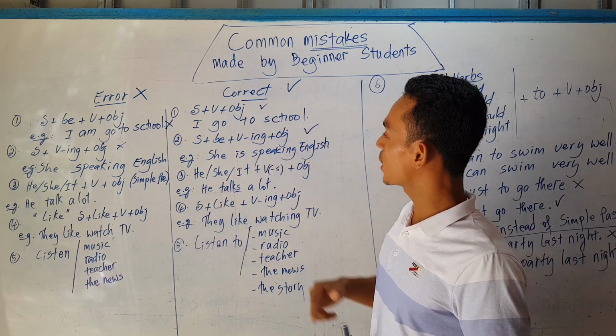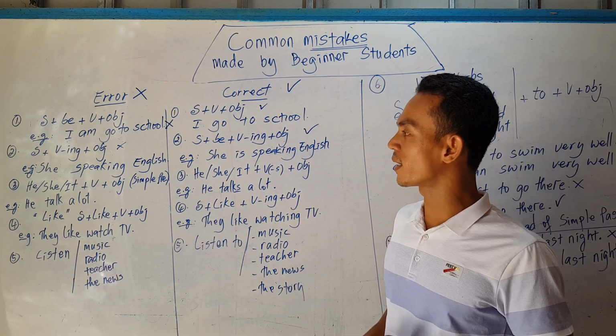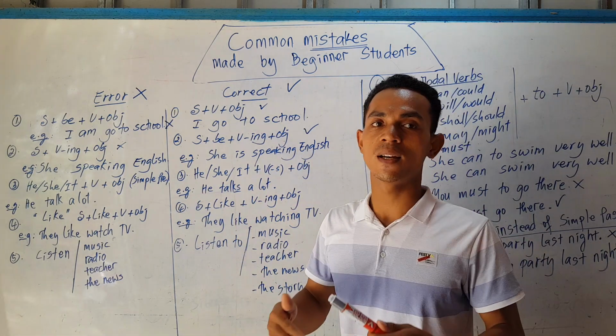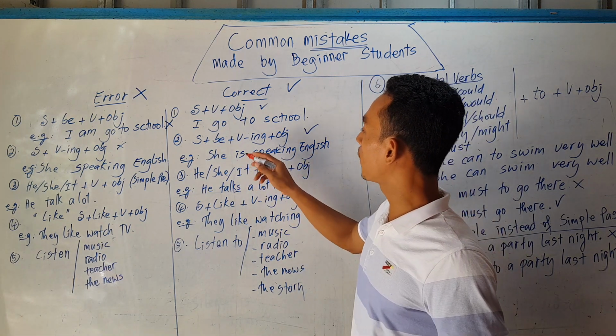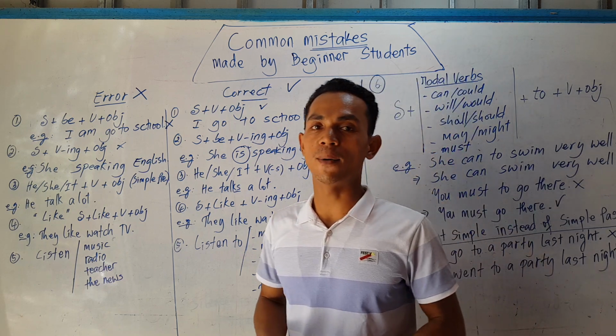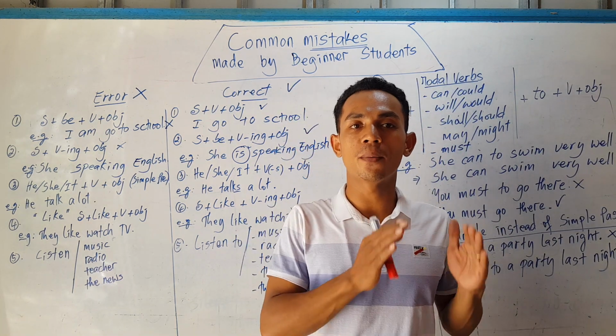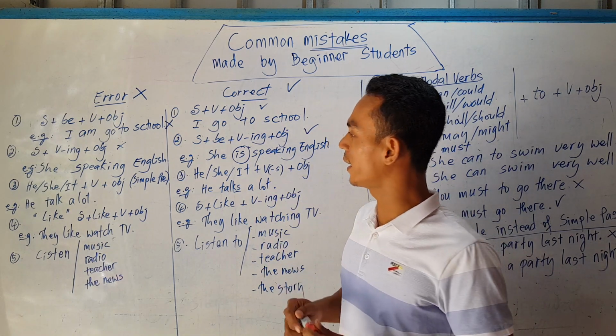So you say she is speaking English, or she's speaking English. Don't forget to be: is, am or are, when you make the progressive form, the continuous form. She is speaking English.